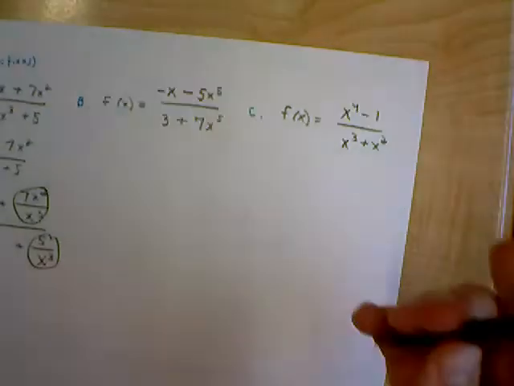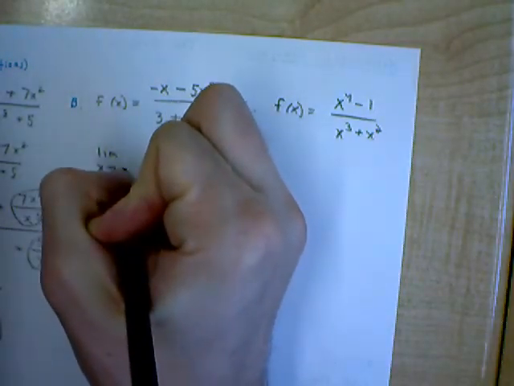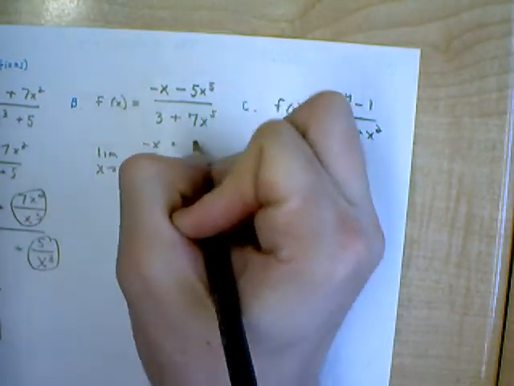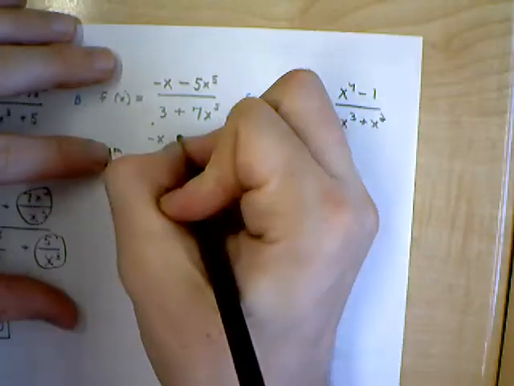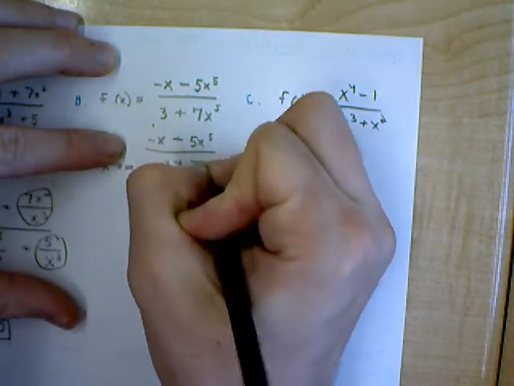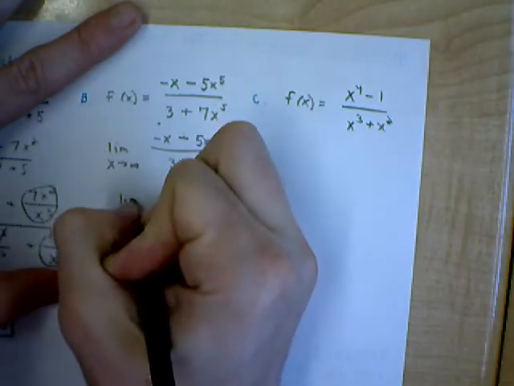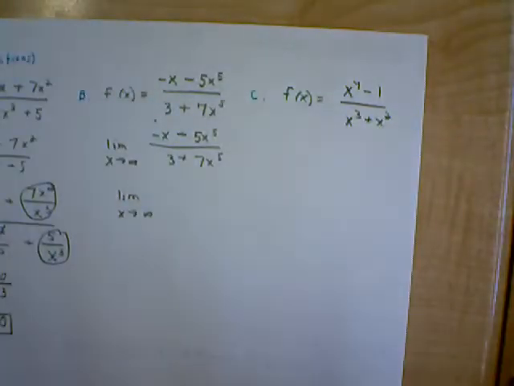All right, let's take a look at B. Let's find our limit as x approaches infinity. I'm going to divide by the highest degree.